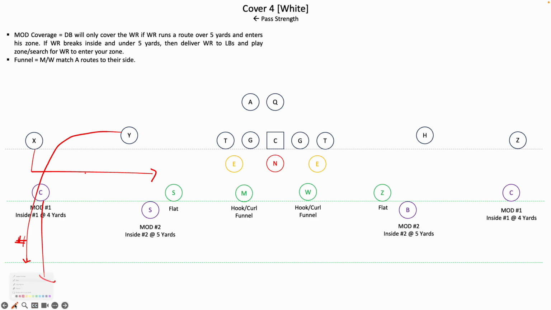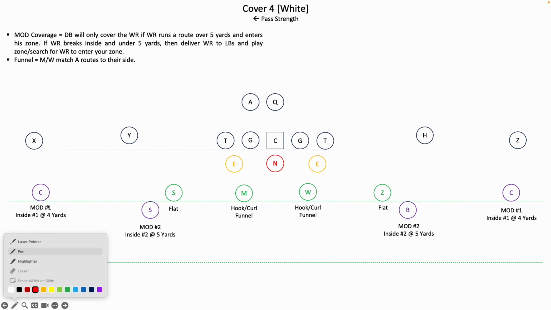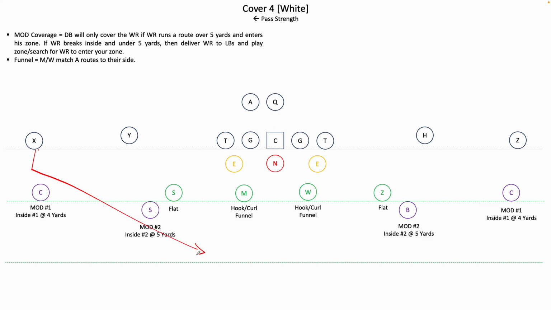Now, where this is useful to think about is if we get like some sort of cross route. They do this. Okay, ideally, the corner is just going to drop. The Spartan is just going to drop, and they're going to recognize this cross, and then the Spartan is going to take the X route coming across the middle, and the corner is just going to take this corner route.